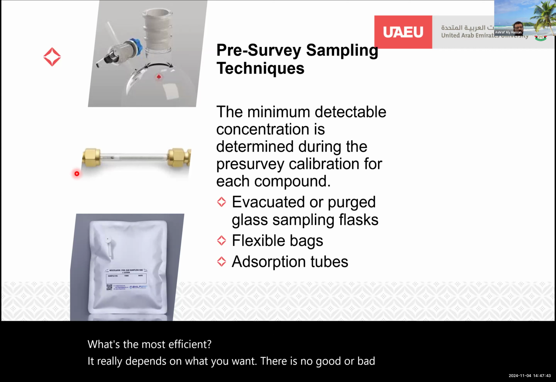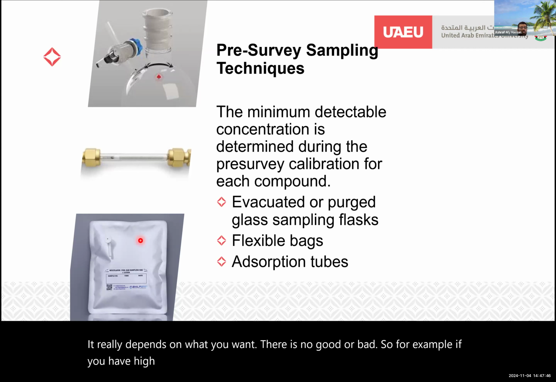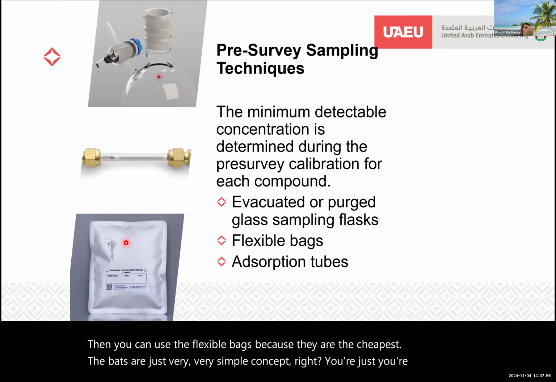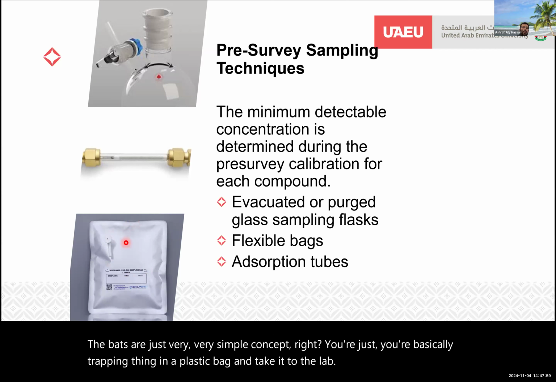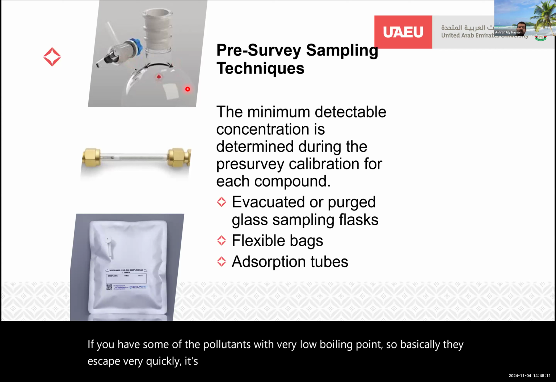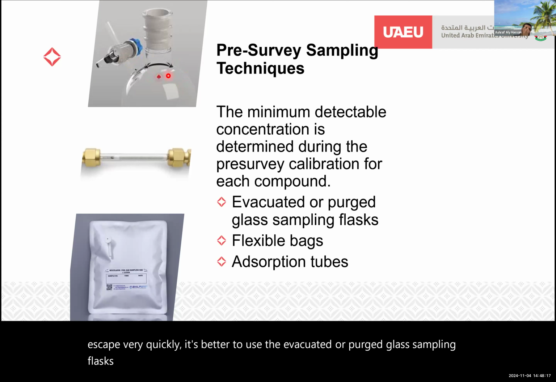For example, if you have high concentrations, then you can use the flexible bags because they are the cheapest. The bags are just a very simple concept, right? You're basically trapping the sample in a plastic bag and taking it to the lab for measurements. Now, if you have pollutants with very low boiling point, so basically they escape very quickly, it's better to use the evacuated or purged glass sampling flasks, because the vacuum will make sure that they stay inside.